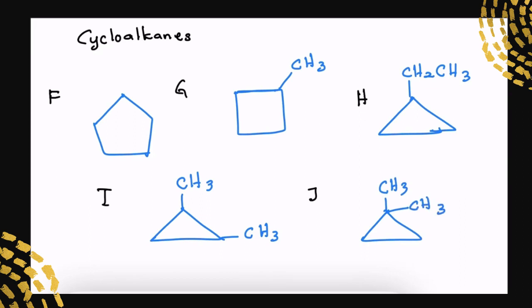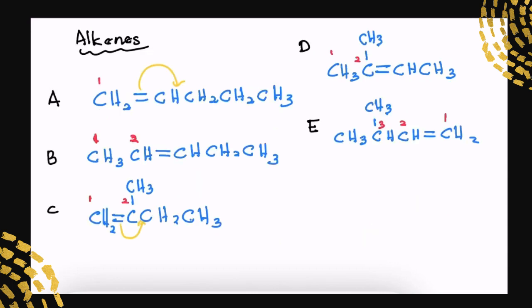So we have 5 cycloalkane isomers and also 5 alkene isomers for C5H10. Now let's look at here. Can you identify a pair of chain isomers? Maybe we can propose A and D. What about positional isomers?